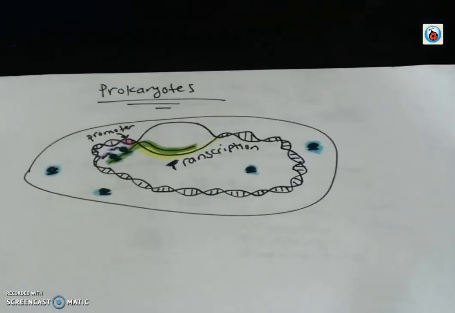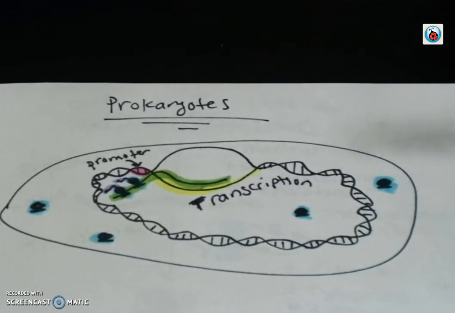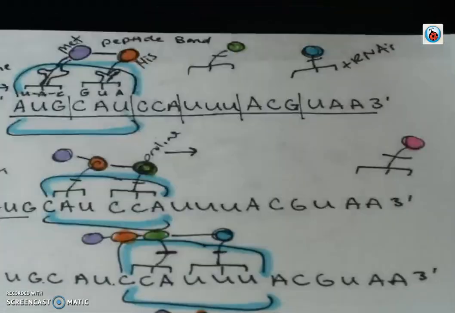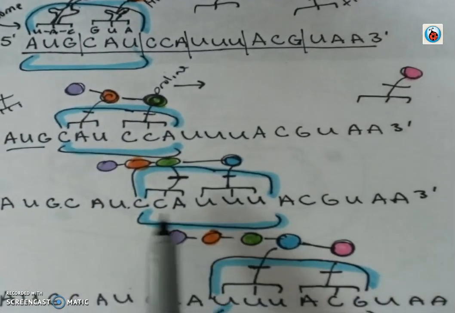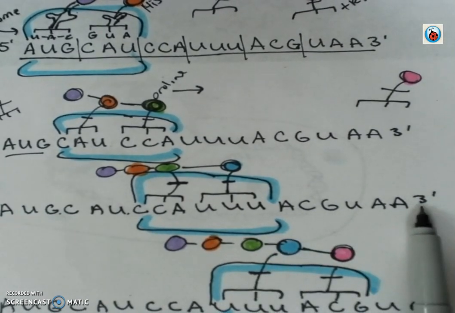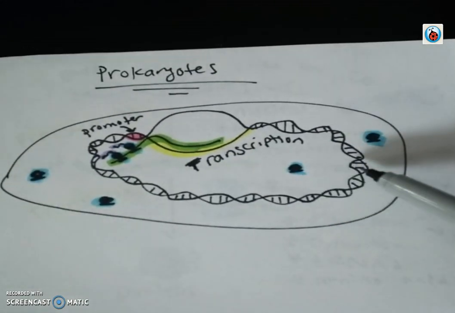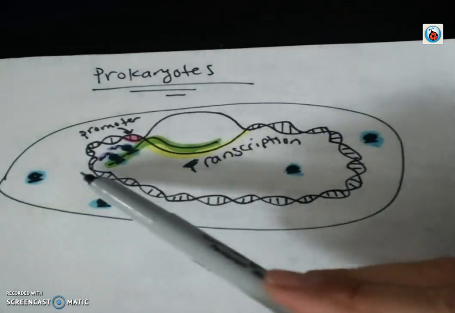Now, the cool thing in prokaryotes is that they don't do RNA processing. Oh, by the way, this is translation. The ribosome is translating the RNA into a protein. Okay, so in prokaryotes, they have their one circular chromosome. They have ribosomes.